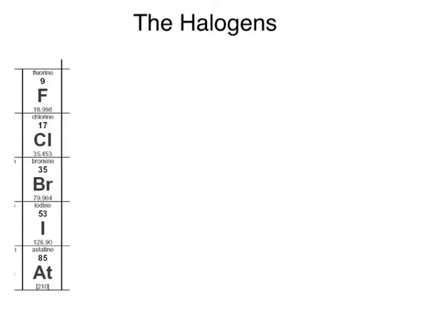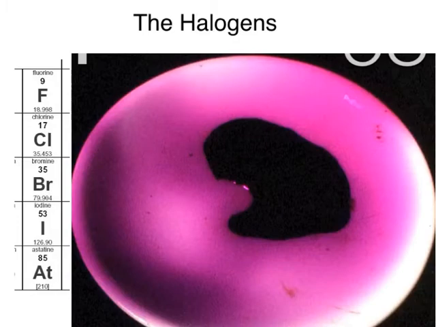Now as we get even further down, we've got iodine. Iodine is a black, purpley, very, very dark coloured substance. It's normally found as a solid.